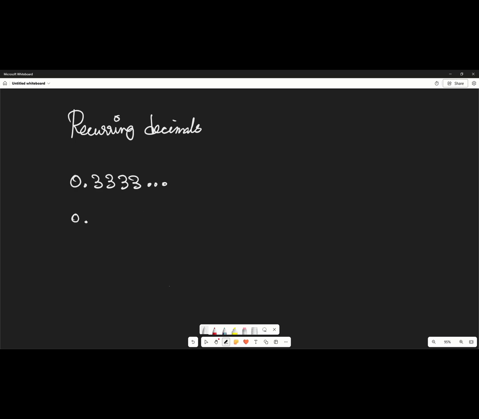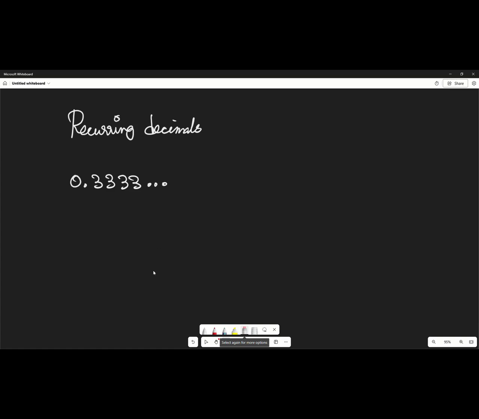For example, if it was 0.14251425, the right way to write this is 0.1425 dot dot dot, not 0.142 dot dot dot. That is equal to 0.142142.